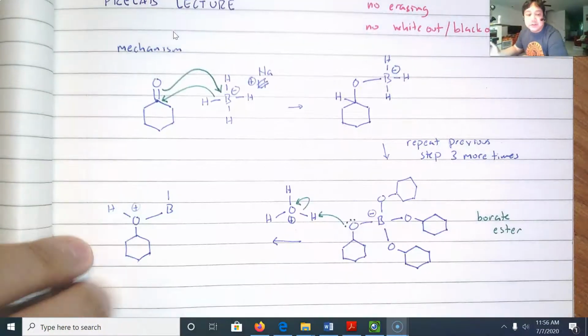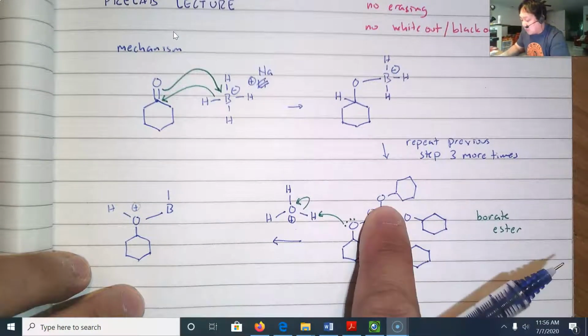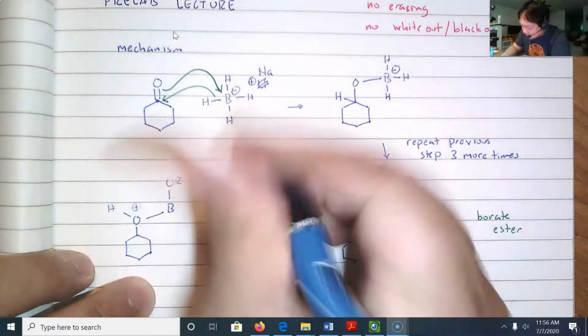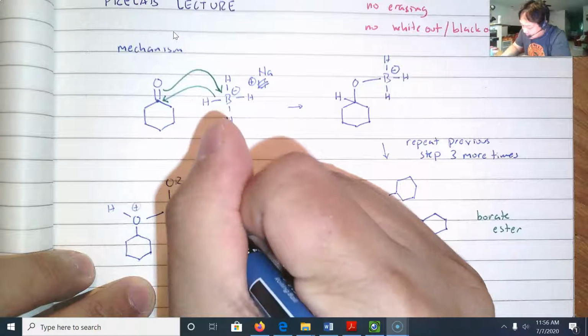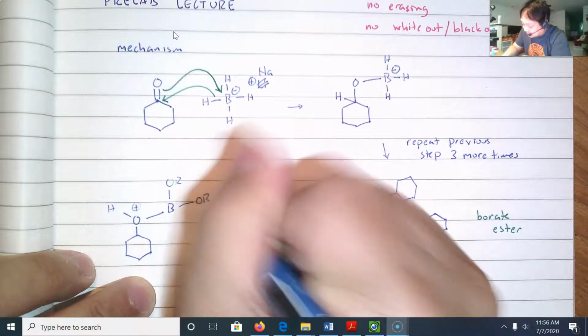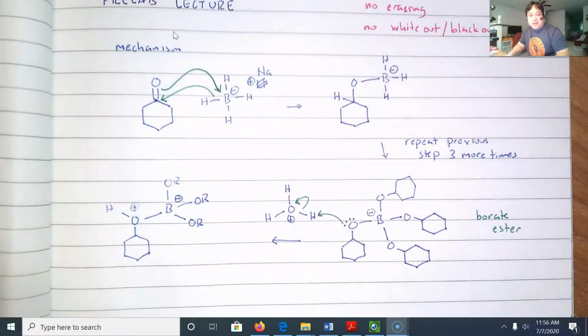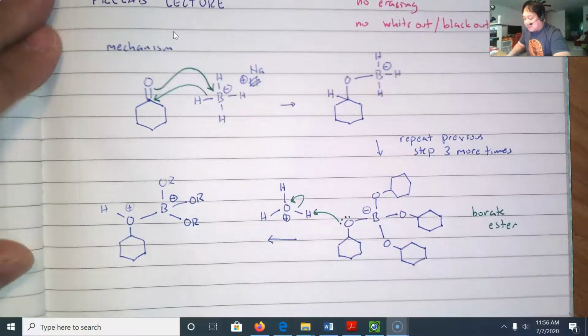Okay, to simplify things, I'm just going to call this an OR, R for rest of the molecule. We'll focus on the left side of the molecule, and this is negative still.